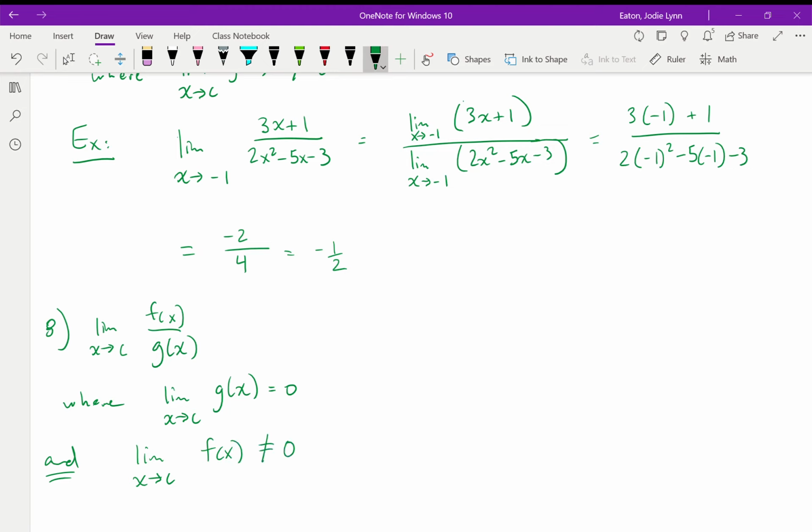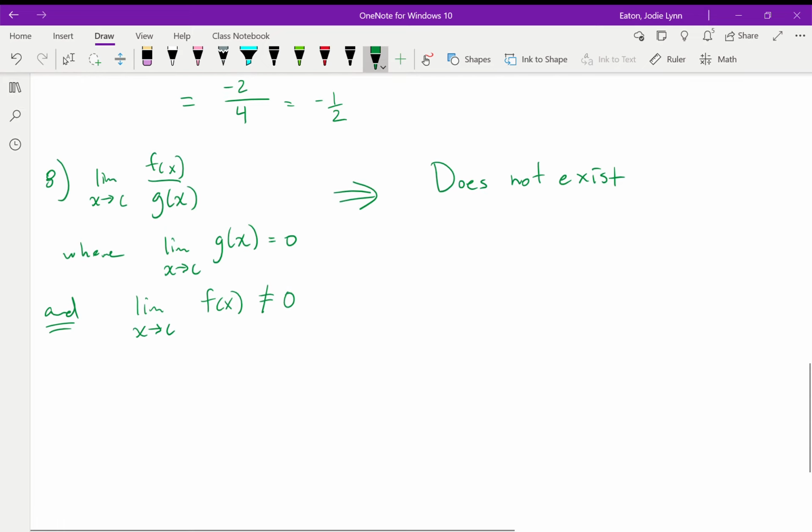So when we plug in, the limit of the bottom function is going to 0, and the limit of the top function is not going to 0. So it's going to some other number. Then we get that this limit does not exist. The limit does not exist if we're going to a 0 in the denominator and we're going to some non-zero number in the numerator.